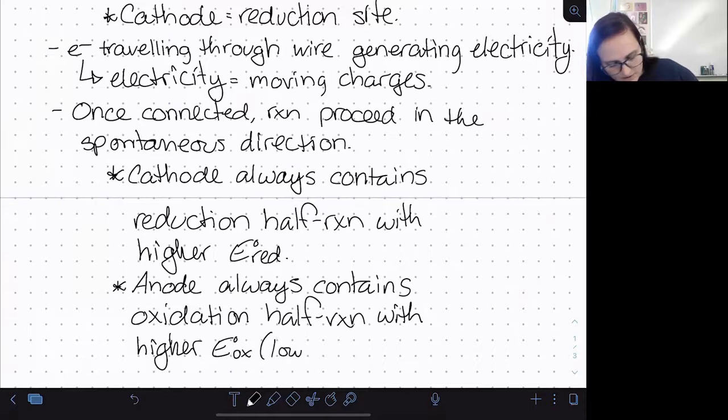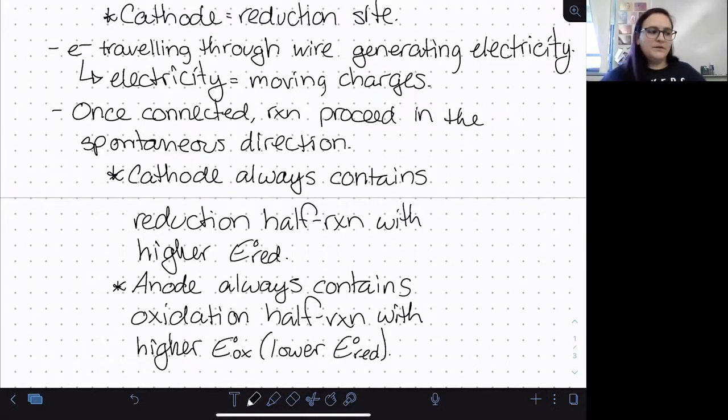Which corresponds to the lower reduction potential. We learned in the last video that the oxidation potential and the reduction potential are just equal and opposite. So the lowest reduction potential, when you flip the sign, is going to become the highest oxidation potential.